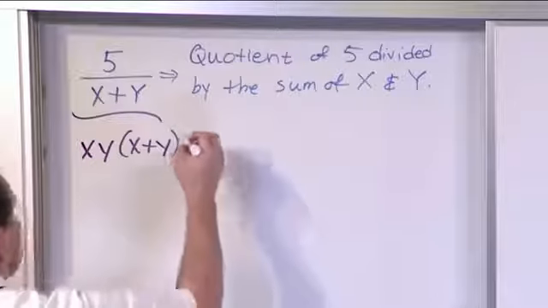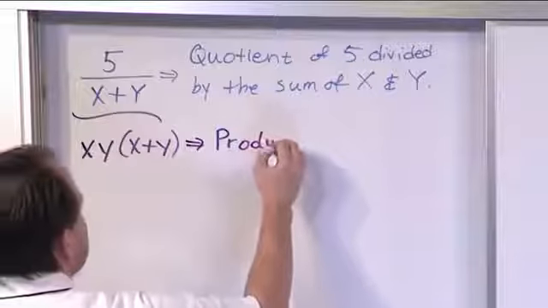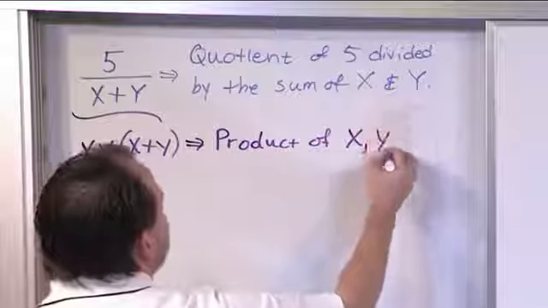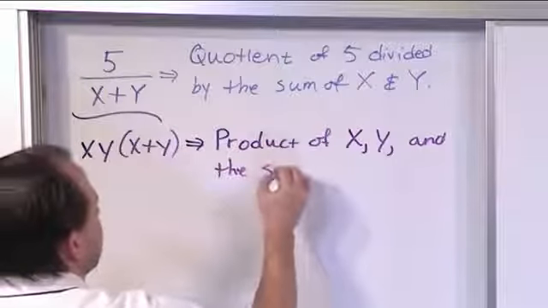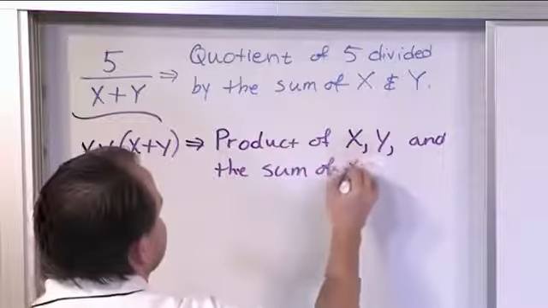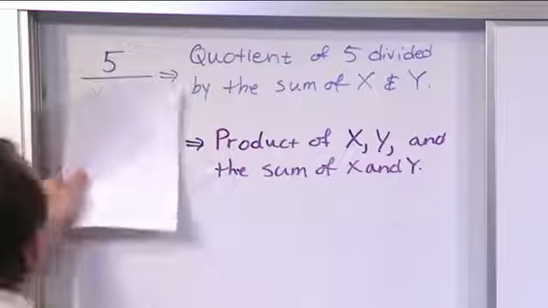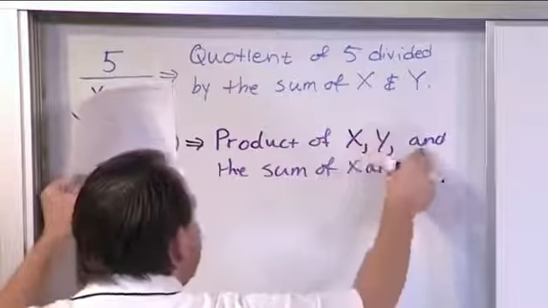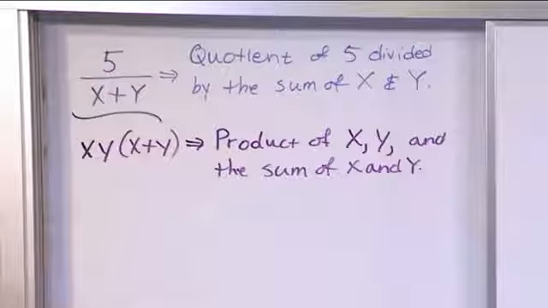So the best way to write this is to say this is basically the product of x, y, and the sum of x and y. So if you didn't see this at all, it would be the product of what? The product of x, y, and something else. The something else is the sum of x and y. And that would be the easiest way for you to write these things down.